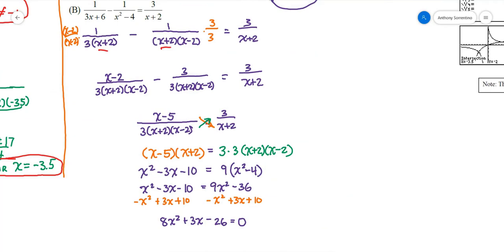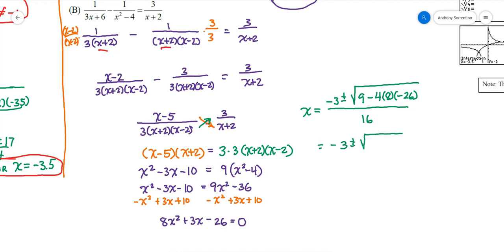With the quadratic formula, I'm going to say, well, x is going to equal negative 3 plus or minus the square root of 3 squared, which is 9, minus 4 times a, which is 8, times c, which is negative 26, all over 2 times 8, which is 16.